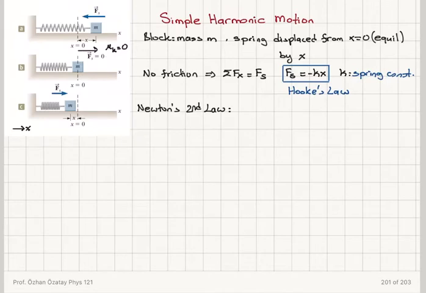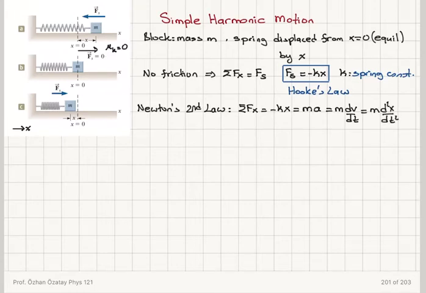So as a result of that, if I write Newton's second law for this block, Newton's second law says the net force acting on an object is equal to its mass times acceleration when viewed from an inertial reference frame. So the net force acting on it is minus kx, and this is equal to its mass times its acceleration.